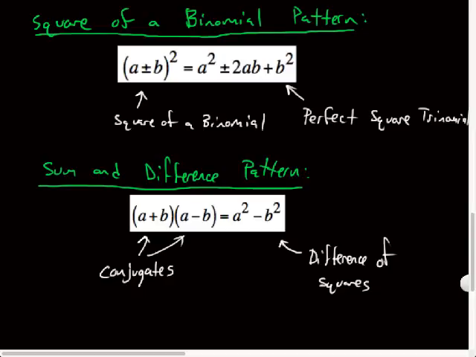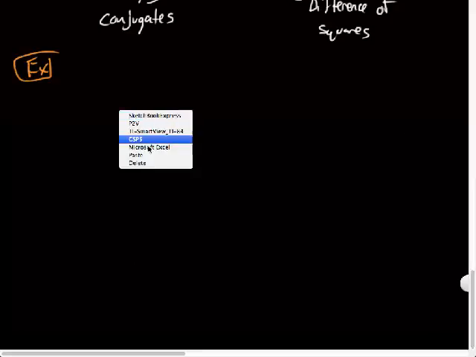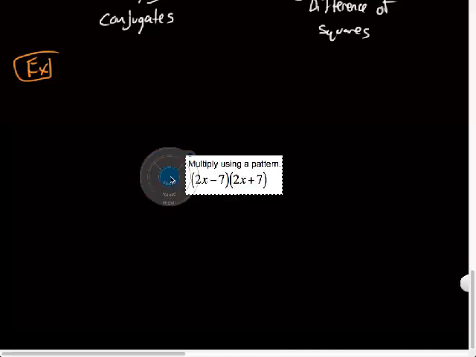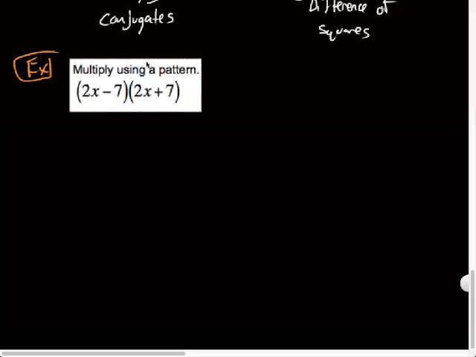So let's use a pattern and do an example using this guy. Let's multiply the following using a pattern. Yes, I am aware that we could use FOIL on this, we could use double distribution, but we're going to use a pattern today.